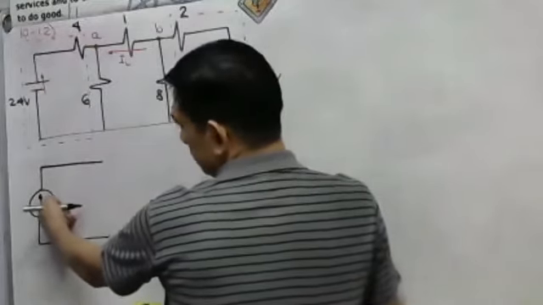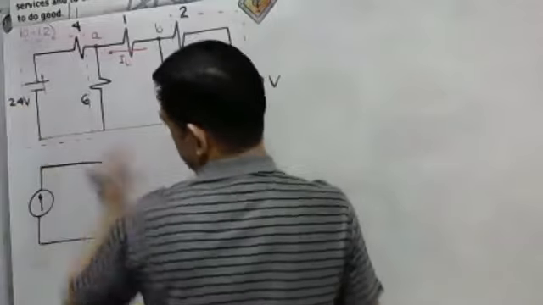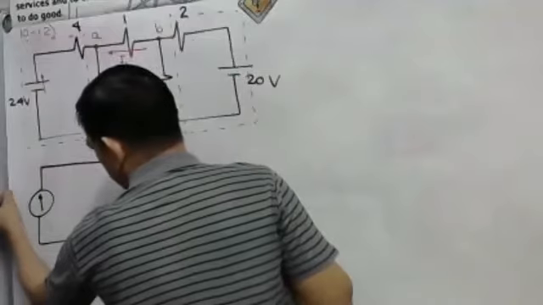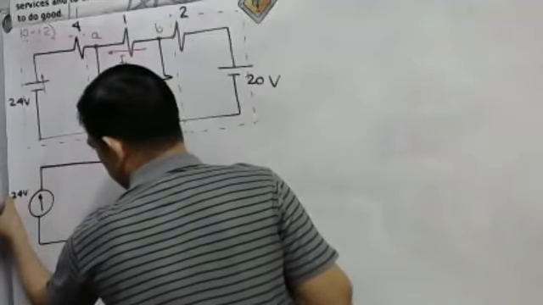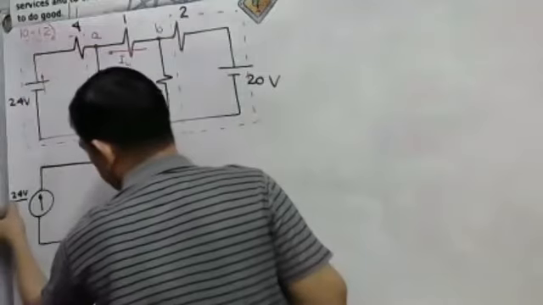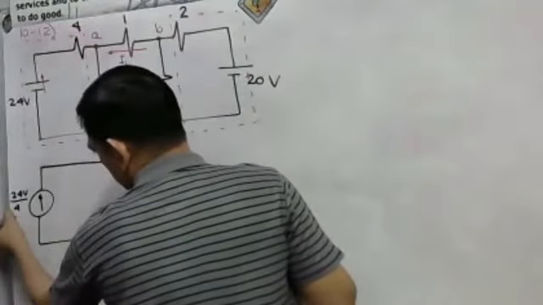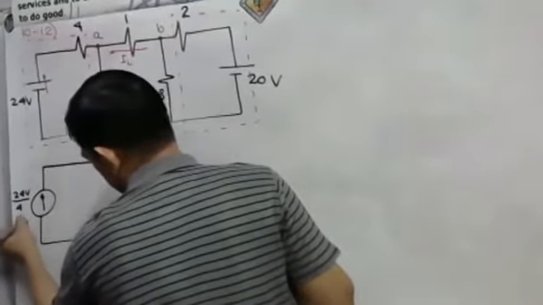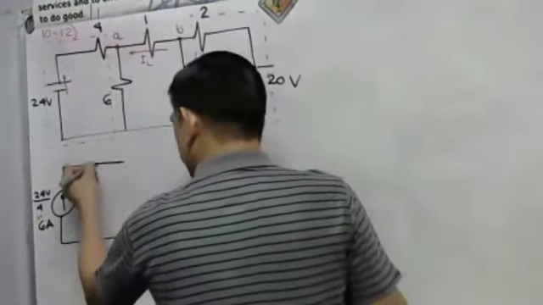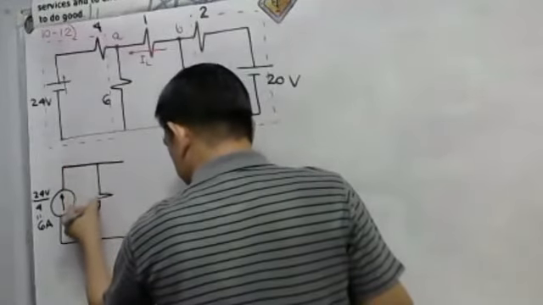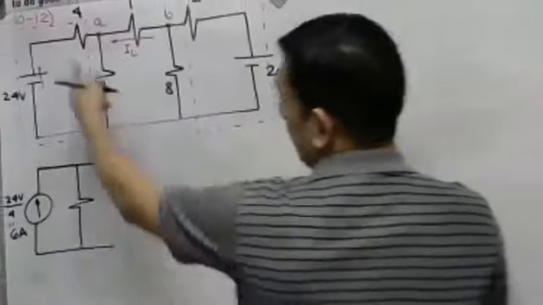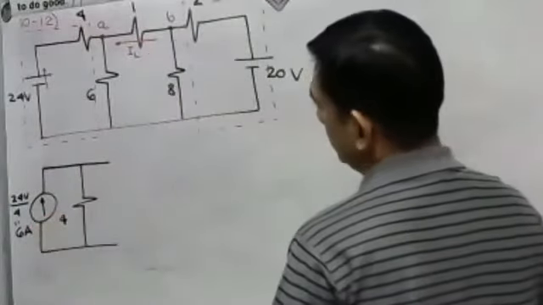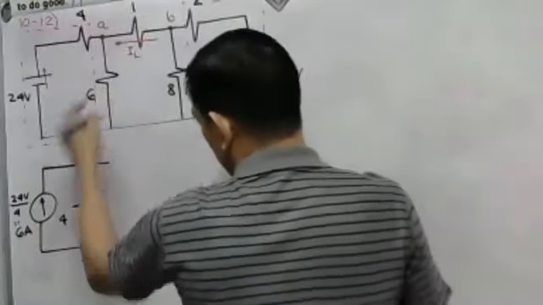By Ohm's law, 24 volts divided by our 4 ohms gives 6 amperes. Then we have a parallel resistance, so just copy the 4 ohm resistor here.